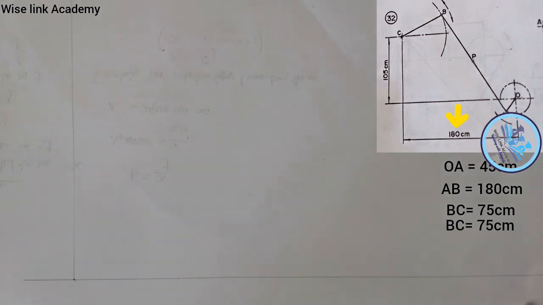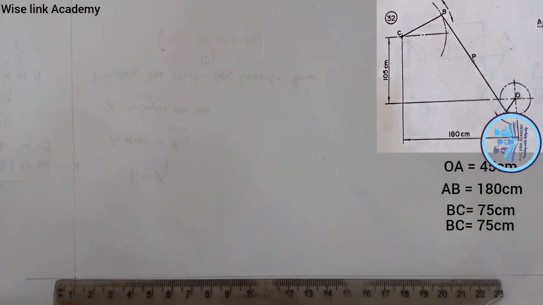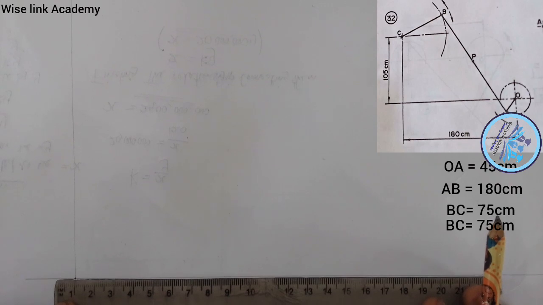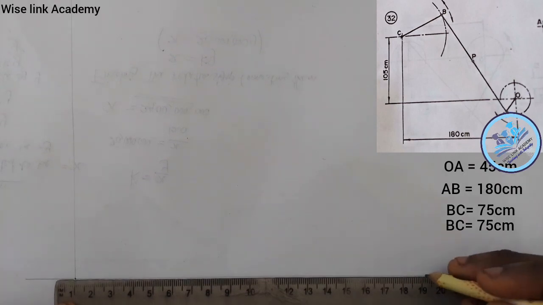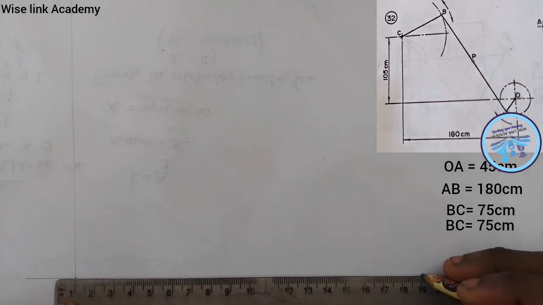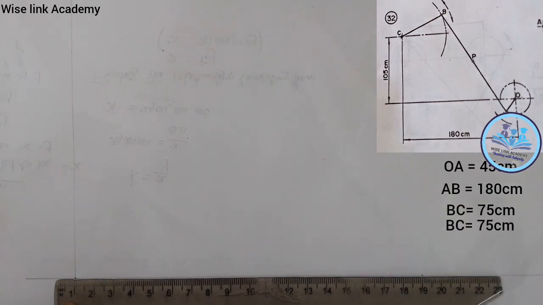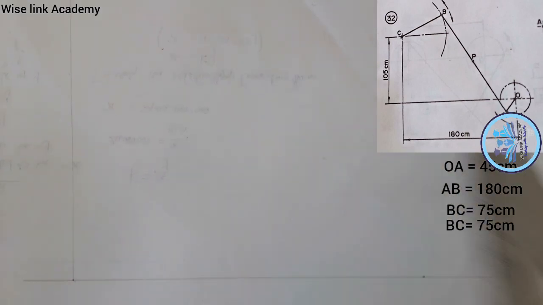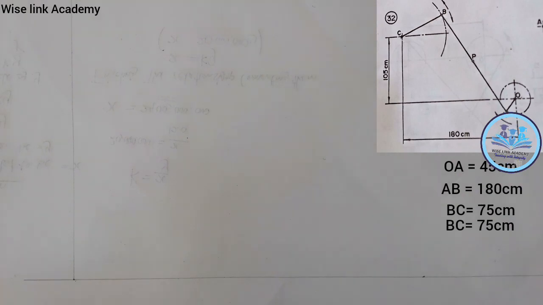I'll take my meter rule this way and measure 180, because this one starts at 0. So to this point here is 180. Let's stop. At this point here, my crank was developed, as you can see at the right corner of the screen.